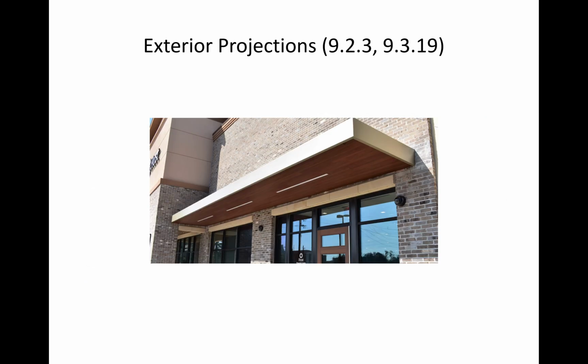Secondly, for exterior projections, sprinklers may also be omitted from exterior projections that are constructed of non-combustible or limited combustible or fire retardant treated wood.